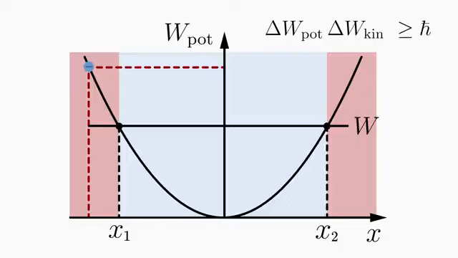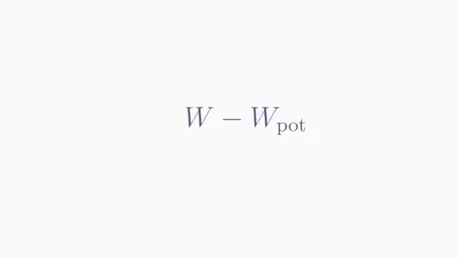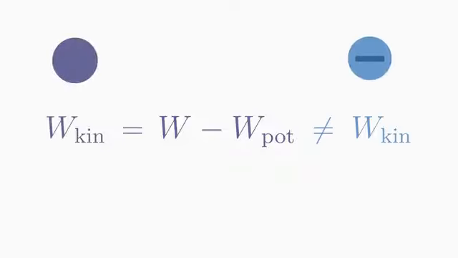If the particle had a potential energy greater than its total energy, it can be calculated that the uncertainty in the measurement of kinetic energy is always at least as large as the energy difference W minus W pot. This energy difference is the kinetic energy of a classical particle, but not of a quantum mechanical particle.